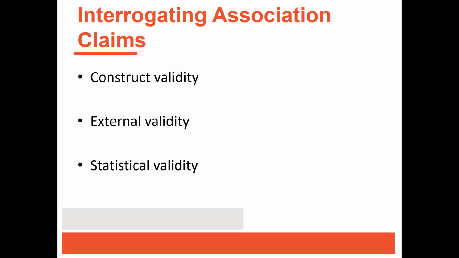As a reminder, association claims involve the relationship between two measured variables, so we must interrogate construct, external, and statistical validities. Again, construct validity here is similar to construct validity for a frequency claim, except now you have two conceptual variables that need to be operationalized appropriately. For example, people who multitask are the worst at it.